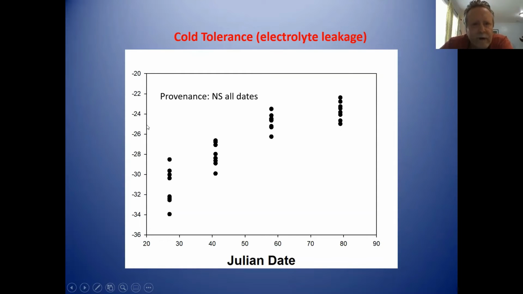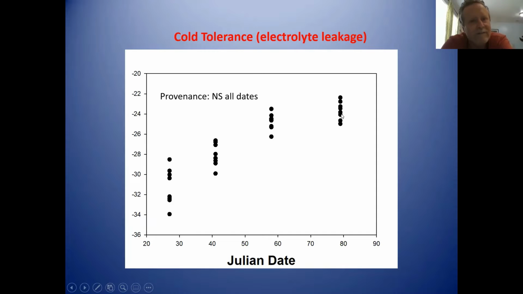I really don't have time to get into how that's done, but basically earlier in the year they were more cold hardy, and they increased over time as the year went by, and actually none of these have significant differences.